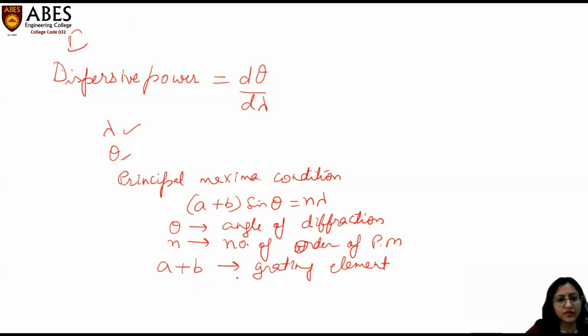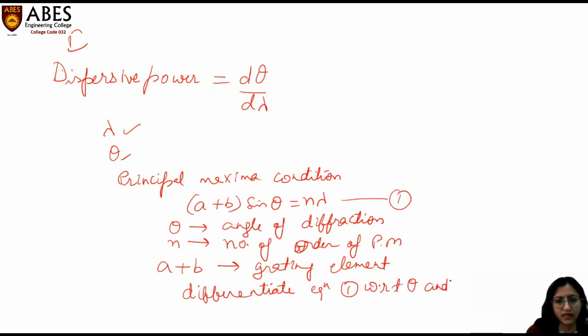Through this equation, we can see a plus b is constant and n is constant. So we differentiate equation 1 with respect to theta and lambda.